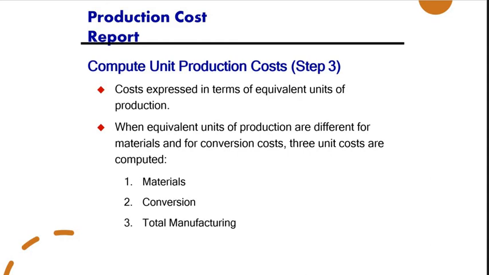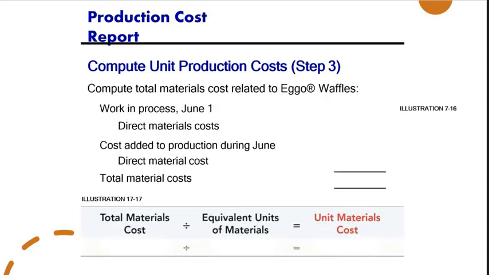Okay? So, when equivalent units of production are different for materials and conversion costs, we compute the 3 unit costs. Ano ba yung 3 unit cost na yon? Materials, the conversion, and the total manufacturing. So, paano yon? Ito yon. Okay, how to compute for the unit production cost, guys?